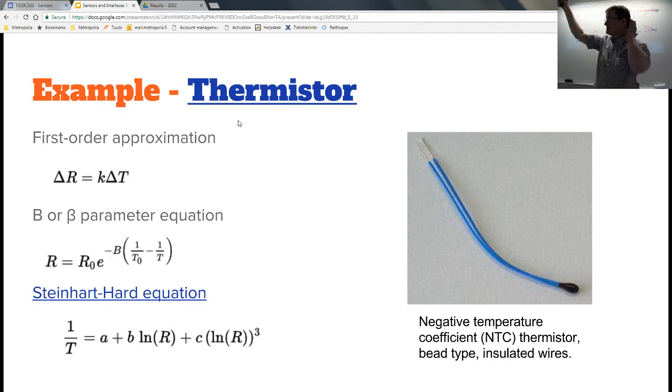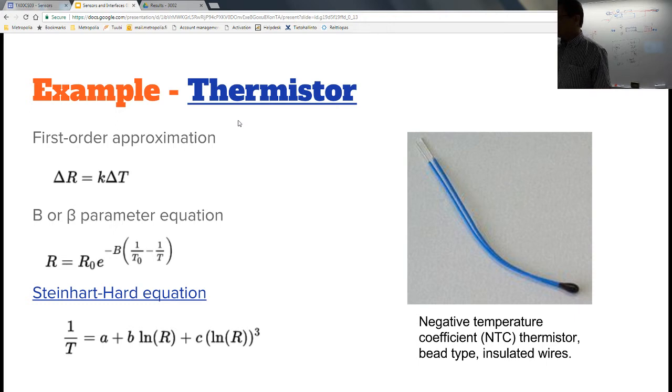Basically, for those materials, the resistance or the conductivity is based on the number of these charge carriers, and that's what usually happens.